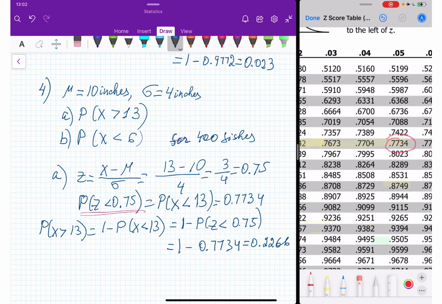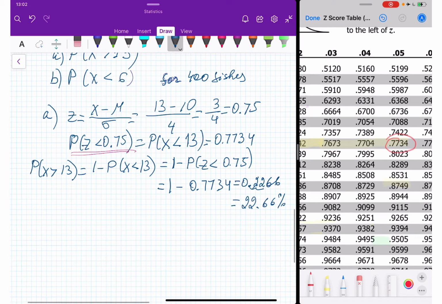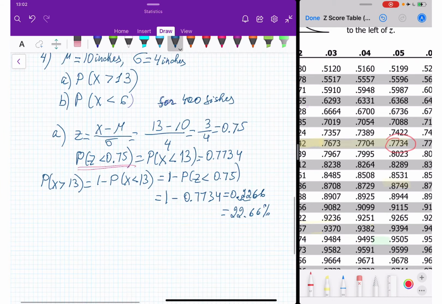Okay. Because it's asking in the format of percentage, we move by 2 positions because we are multiplying by 100, right? 2 positions. We're going to get 22 point, how many decimals does it want? 2 decimals, 22.66%. Okay, that's A. Now moving to B.